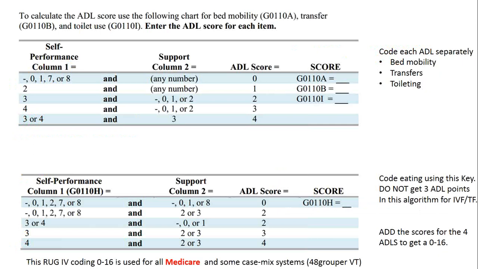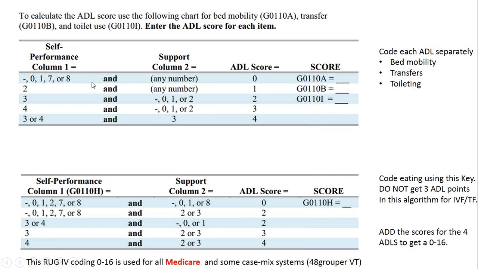So to calculate the ADL score, if you are doing this for Medicare or the 48 grouper, then you're using the RUG-4. So in Vermont and all Medicare people, you're using this coding system that has ADLs ranging from 0 to 16. The first three, bed mobility, transfers, and toileting, all use this top key, while eating uses a separate key.